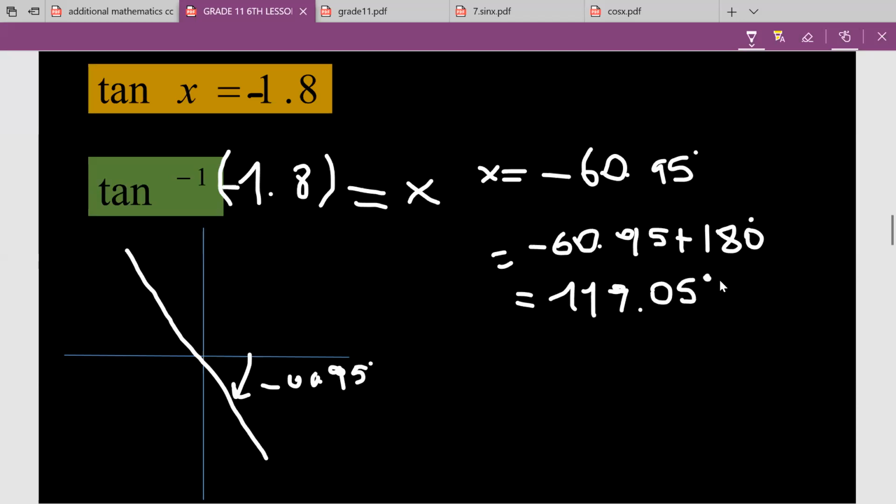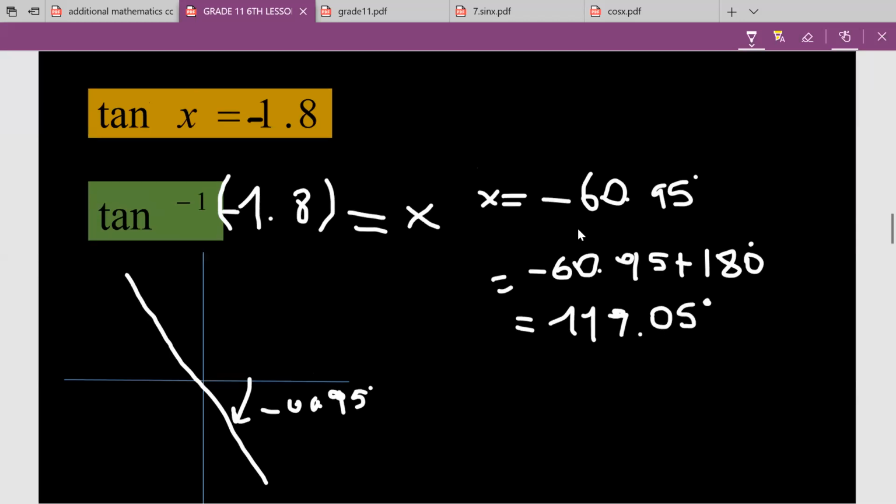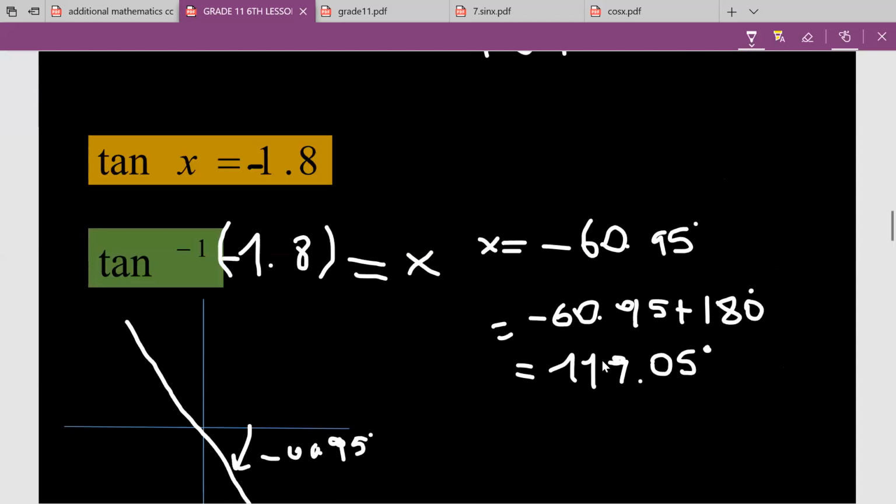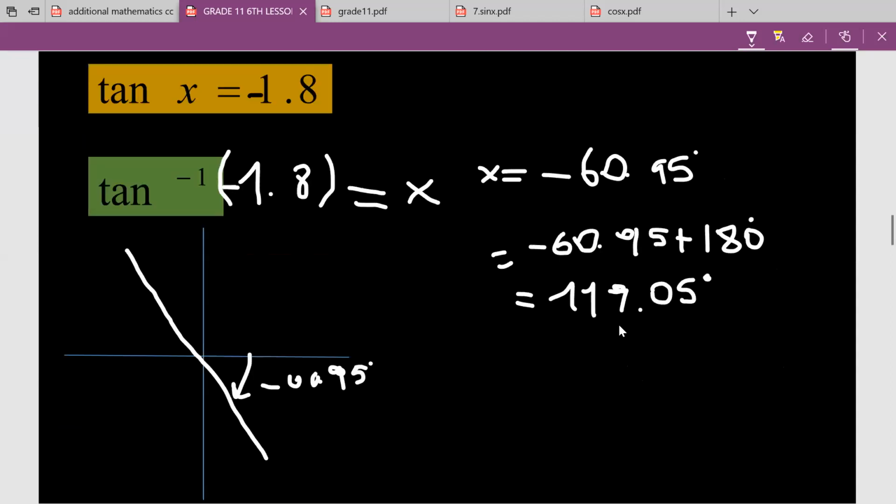Okay, why did I do that? Since our angle is negative. In the question, the range is between 0 and 180, so it's asking us to find the positive angles. That's why I add 180 degrees. When I add 180 degrees, 119.05 is one of the x values.